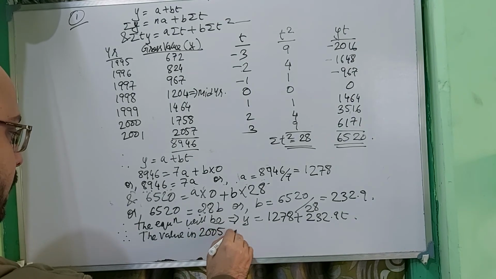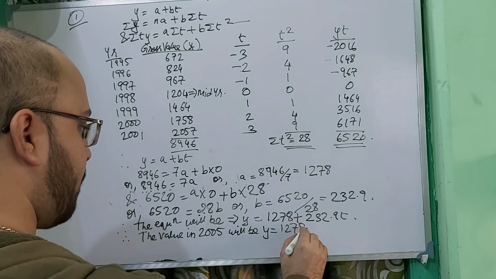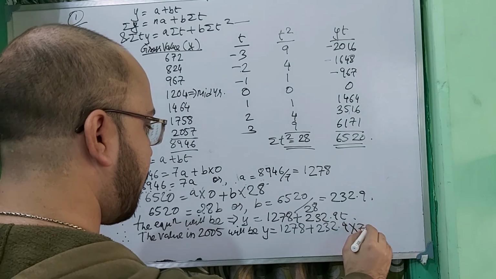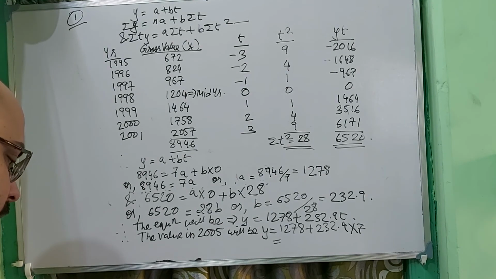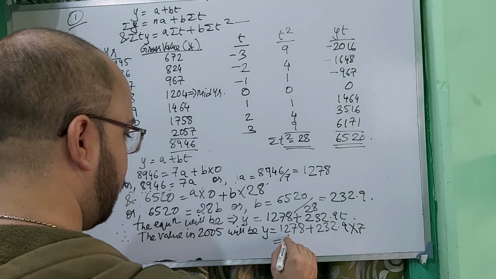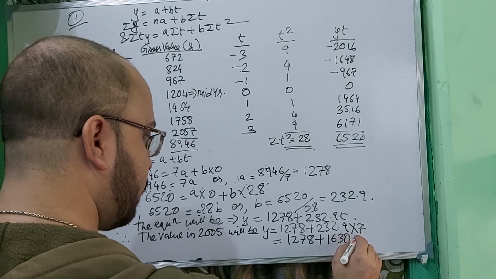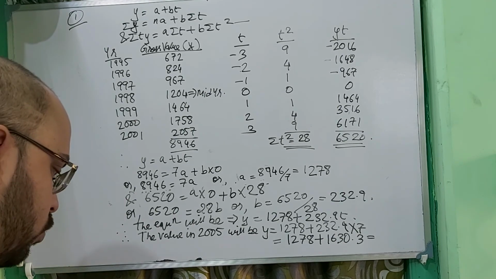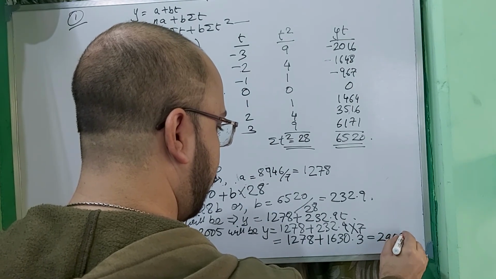So if you put that t value 7 in this equation, the value in 2005 will be y is equal to 1278 plus 232.9 into 7. 232.9 into 7 is coming 1630.3, so 1278 plus 1630.3 is coming 2908.3.